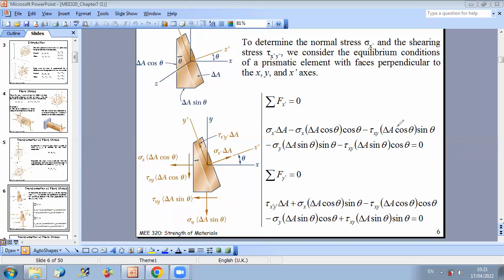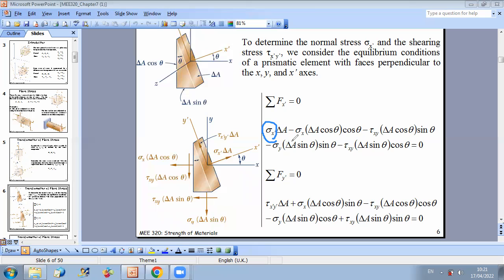In this first equation, you will be able to express sigma x prime as a function of the stress state in plane xy, because we are considering 2D plane stress.